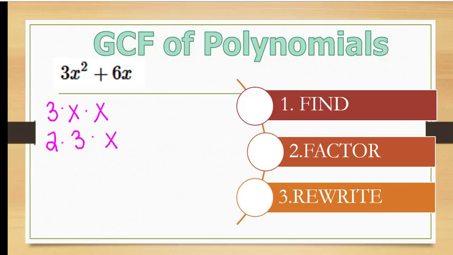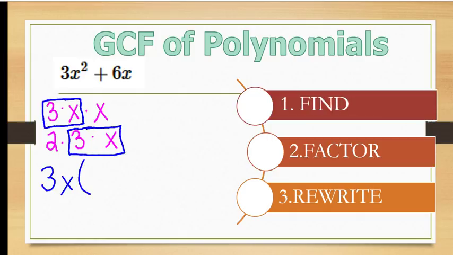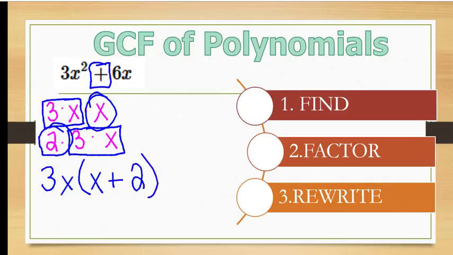Now, our greatest common factor is going to be 3x. When we factor out the 3x, from the first term we have an x left, and the sign was plus. And then we have a 2 from the second term.